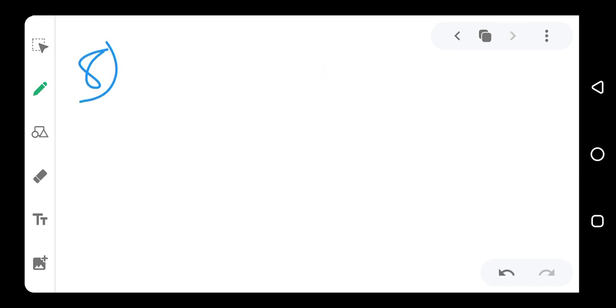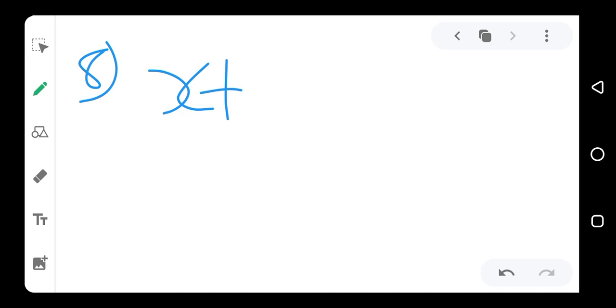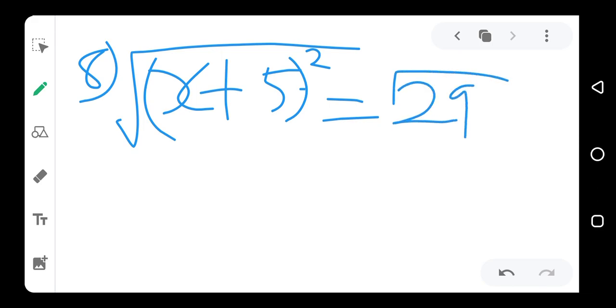So we are going to have x plus 5 squared, now square root of it is equal to square root of 29.